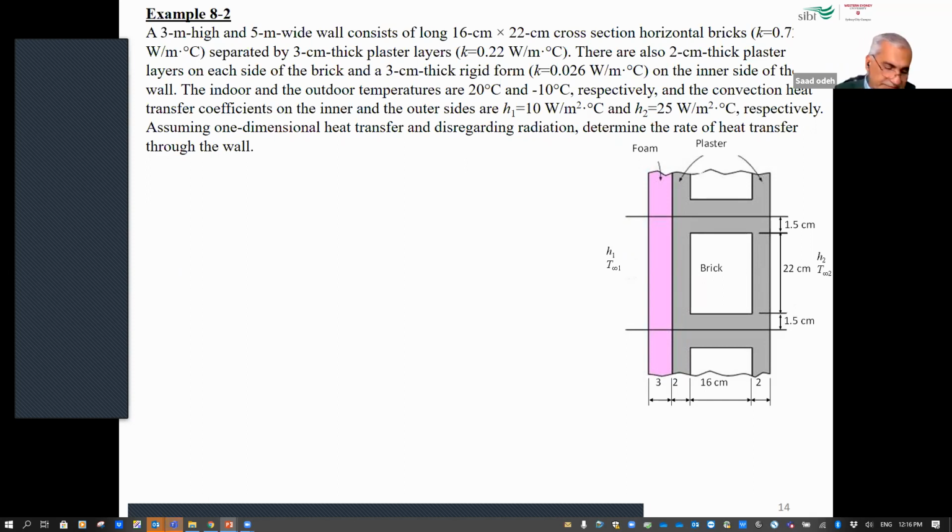We have the brick layer. This is the brick. And to lay out the brick in the wall, we need what they call plaster or filling cement. So the cement layer, as you can see, is surrounding the brick.